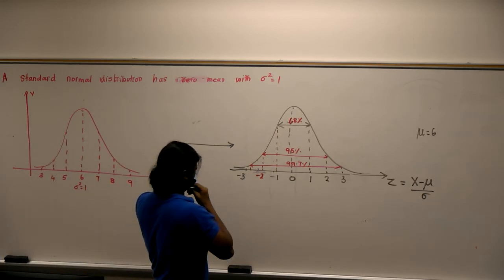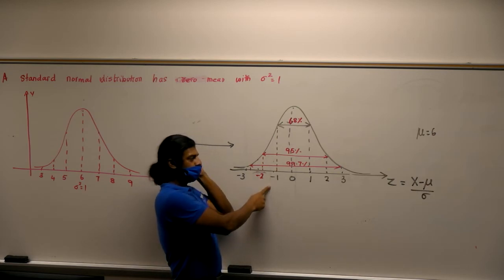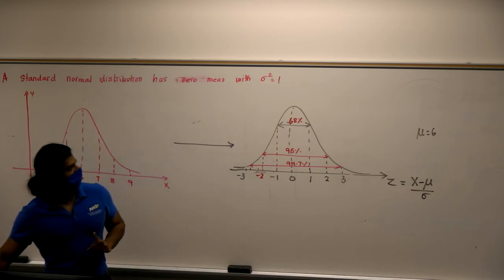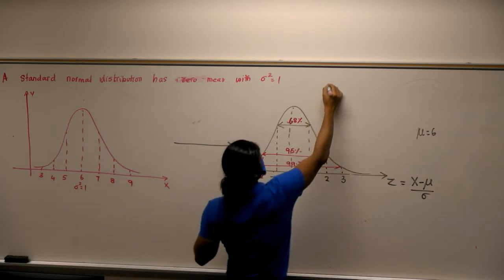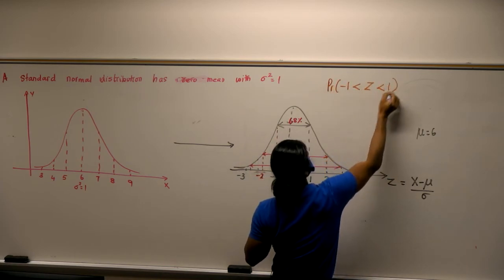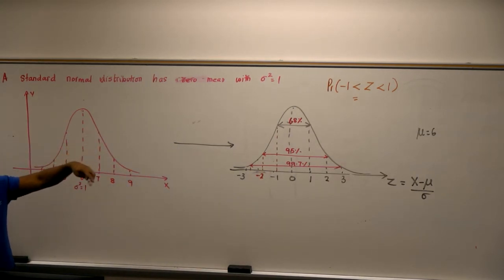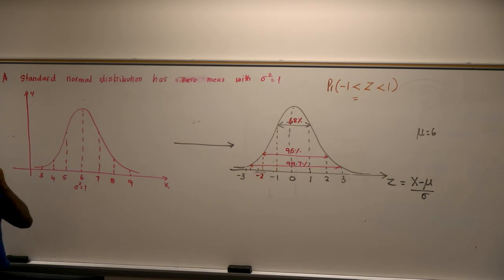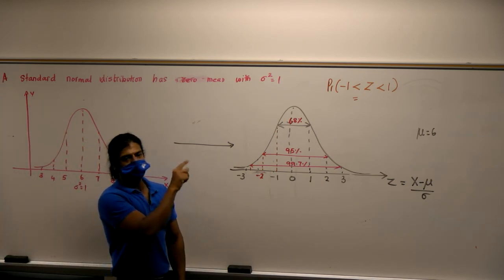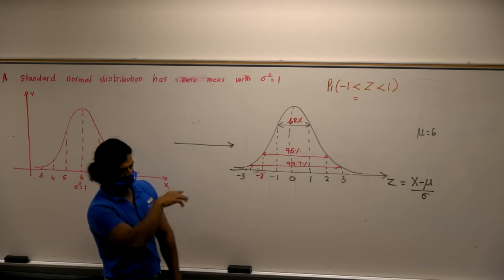So, I just mentioned that the probability between -1 and 1 is 68%. In other words, we have to find probability -1 less than z less than 1. And that naturally is a bell curve with mean 0, standard deviation 1. So pick up your calculator, go to normal CDF.